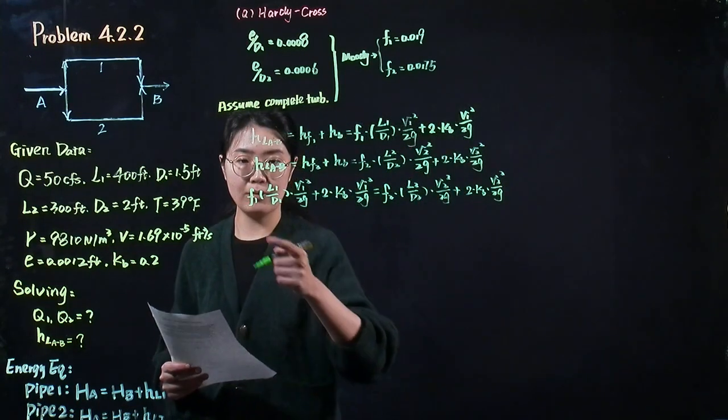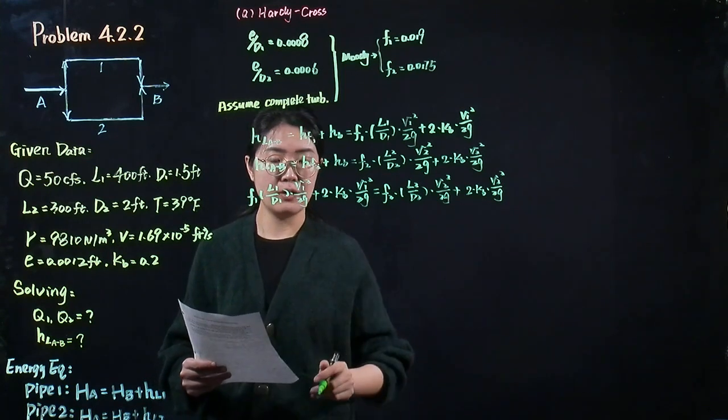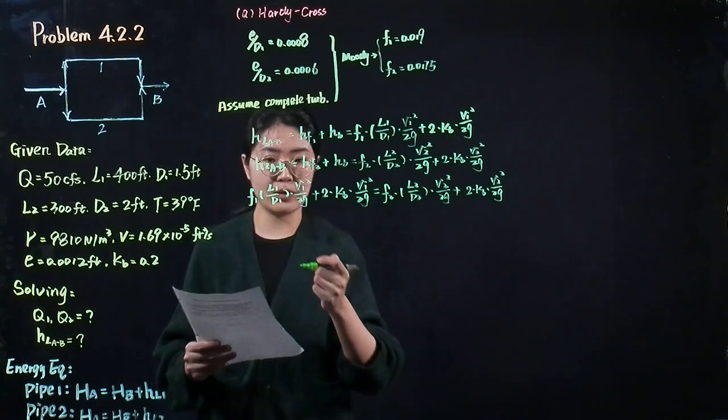Because we already know the value of friction factor, the length, diameter, and the coefficient, we can bring these values back to this equation.